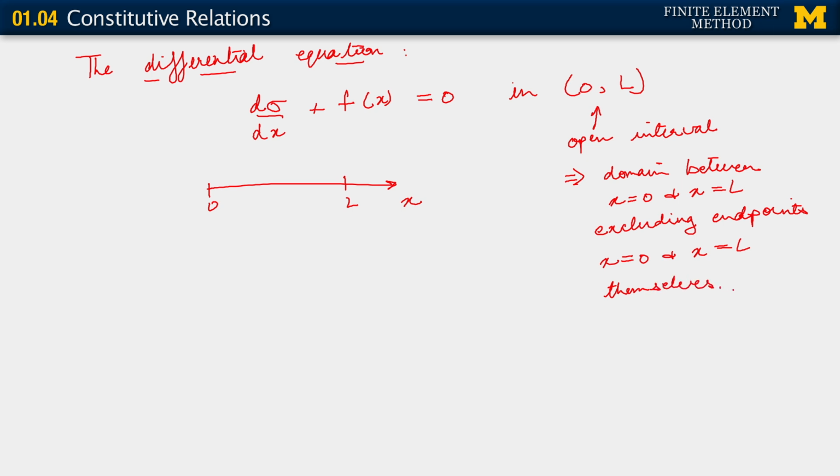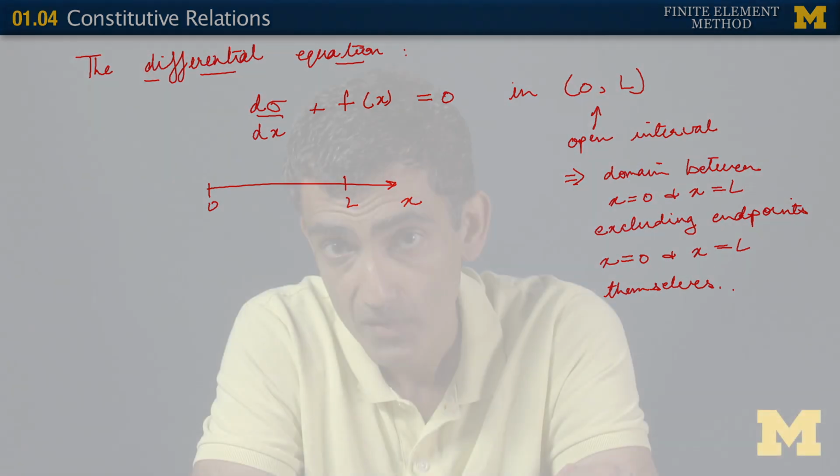This is important, and what I want you to do is think of why that may be. Why is it that we specify the differential equation, the partial differential equation, or just the differential equation in this case, excluding the points 0 and L? To help you think about the answer, recall that we do need to know something about 0 and L. If we don't have the differential equation specified at those points, we must have something else. Well, you probably get the answer.